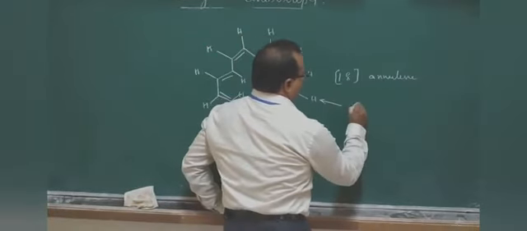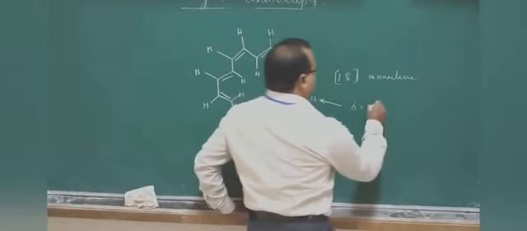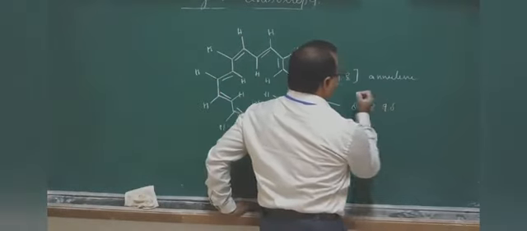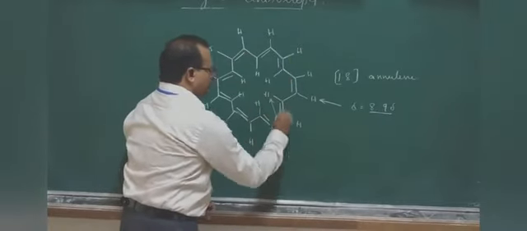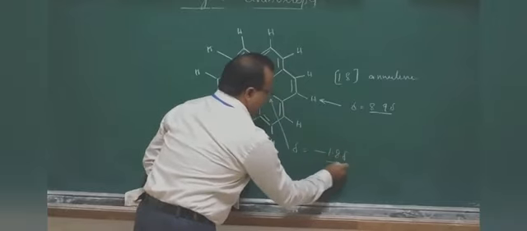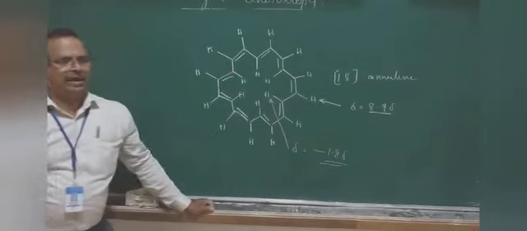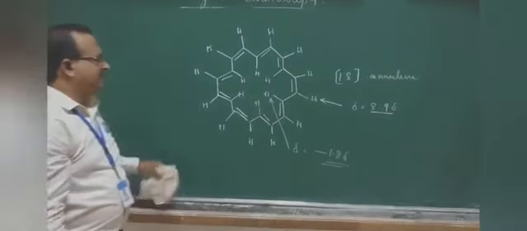The chemical shift value of the peripheral protons is about 8.9 delta, and the inner protons' chemical shift value is minus 1.8 delta. So the inner protons are highly shielded and the peripheral protons are highly de-shielded.